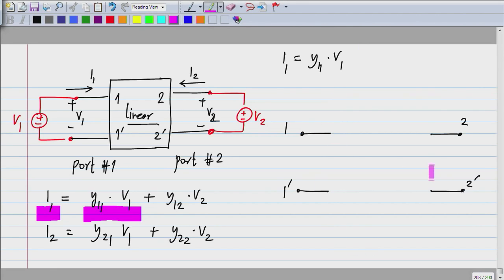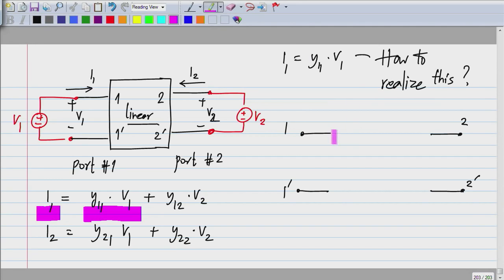I should have some circuit element which will realize this relationship. I want I1 to be proportional to V1 with this constant Y11. So what is the circuit element that will realize this relationship? And where should I connect it in the circuit?